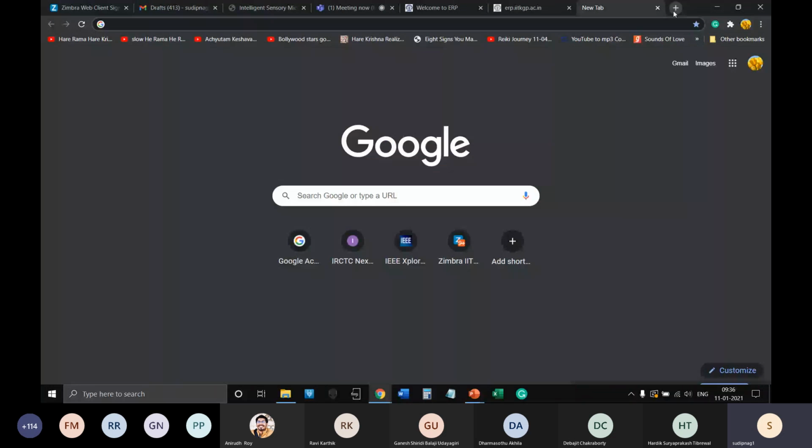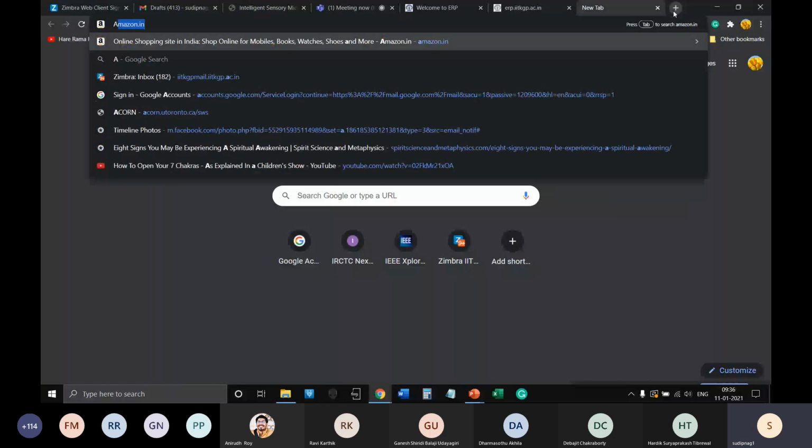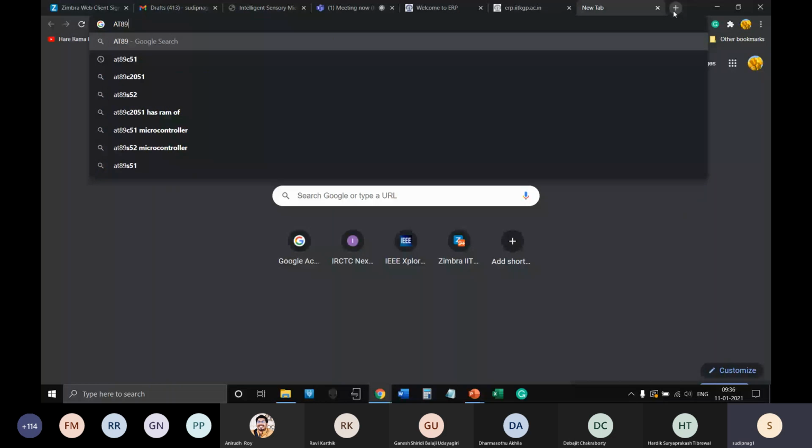I will search for one of the decently improved 8051 versions. Okay, I'm typing 89S51. So let's look at the datasheet.